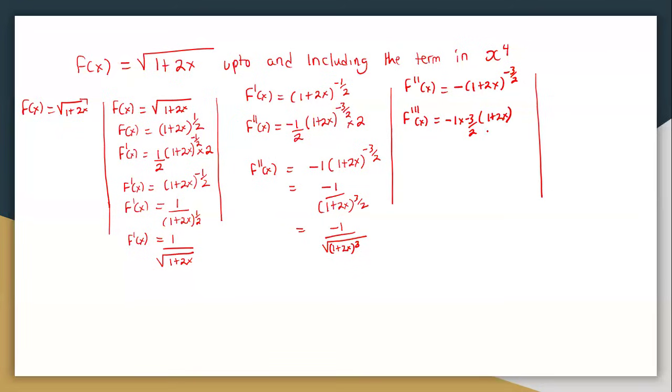Then we reduce the power by 1, which will be negative 5 over 2. Have you differentiated what is inside? Sorry, times 2. We shall get negative 6 divided by 3 into 2 into 1 plus 2x.